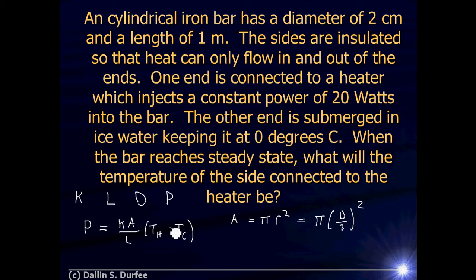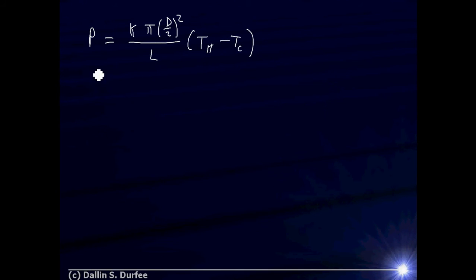So let's go to our next page here. Power is equal to K, and our area was pi times d over 2 squared, over L, times T hot minus T cold. So we'll just multiply stuff over here, so we get power times the length over K pi d over 2 squared.